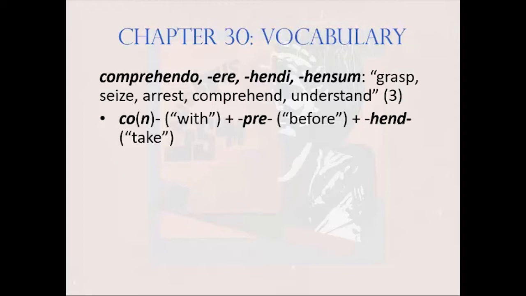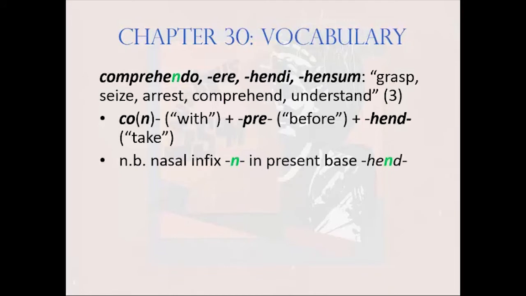Thus comprehendere means literally to grab hold of firmly, that is, to arrest. That's its physical sense. Or in a mental sense, take hold of with the mind. That is, grasp mentally, understand.